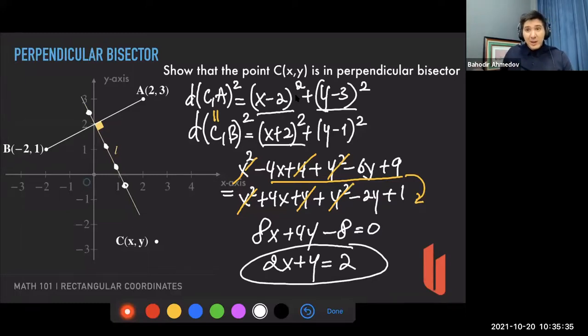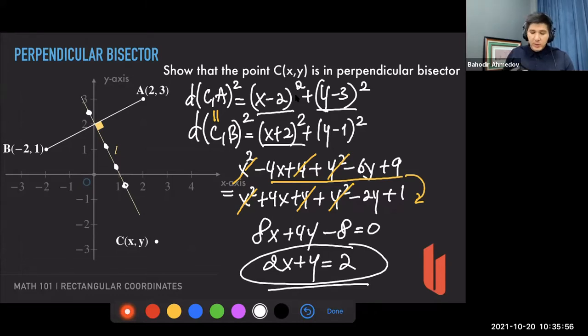This is nothing else than the definition of the equation of a line. Whenever I ask what an equation of a line is, I'm asking you to tell me the law which every point on this line should fulfill. So this is the equation of the perpendicular bisector, and it has infinitely many solutions.